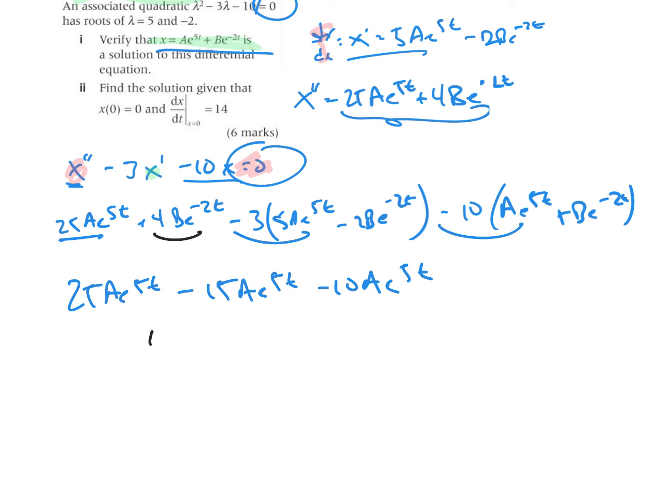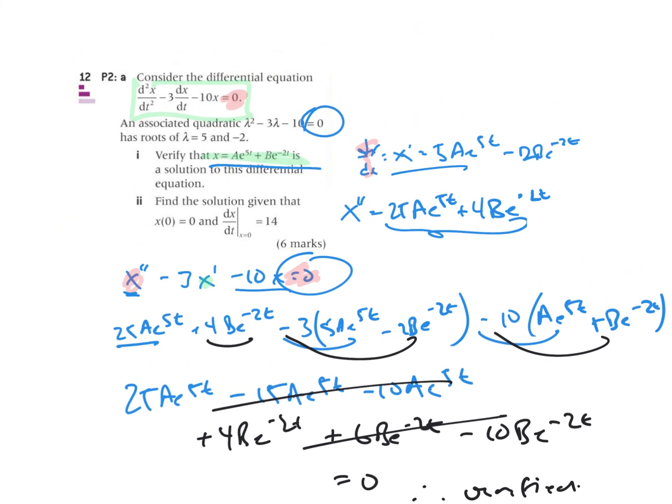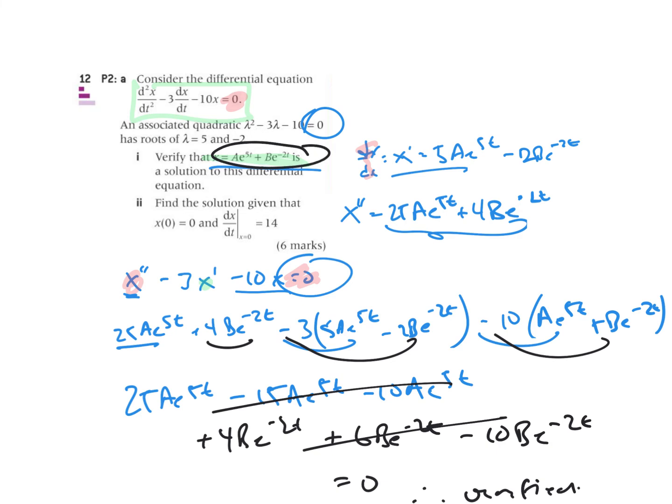I get 4be^(-2t), plus 6be^(-2t), and then minus 10be^(-2t). Well, they all cancel out, which equals 0. Therefore, I have verified that this is a solution to the differential equation.